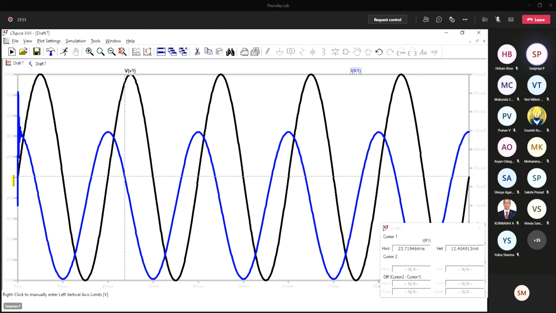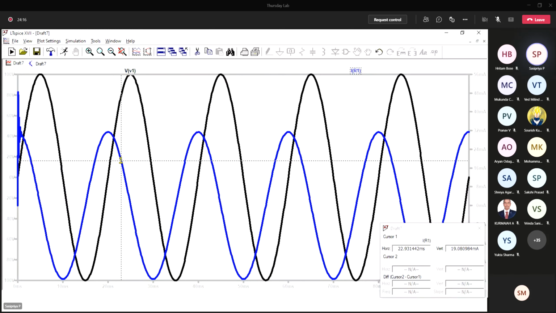Horizontally, it is aligned with 0. That's very important. Horizontally, it's aligned with 0, but my vertical should be at the starting point of the waveform. Starting point.